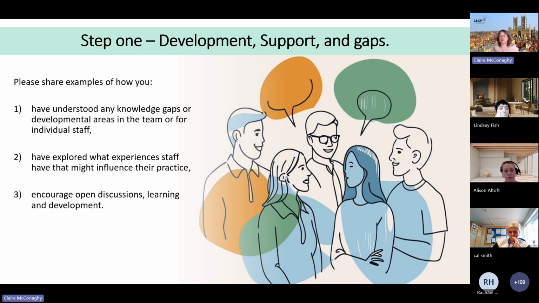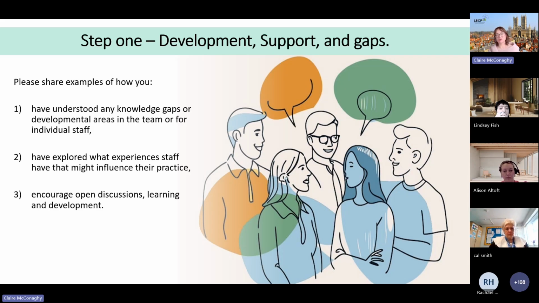But if you could just use chats for us and just reflect on some of these questions here. We'd really like to hear examples, and again it's about sharing and supporting each other today.